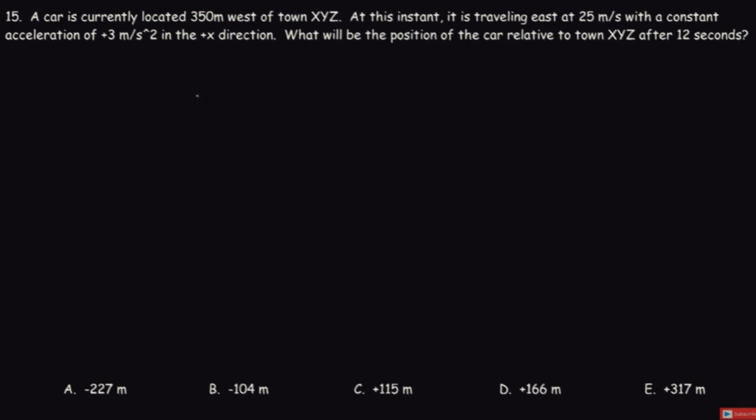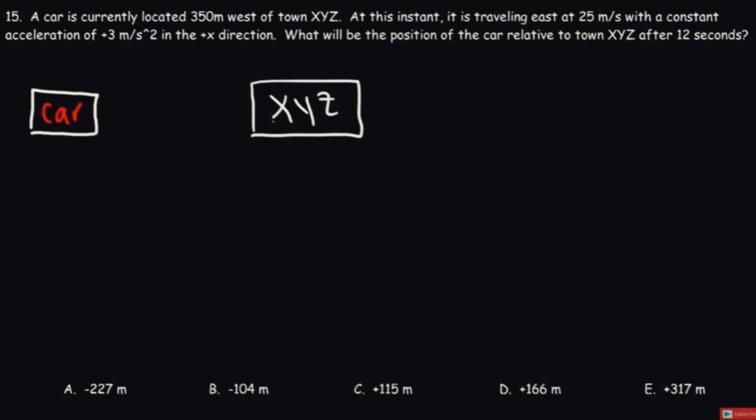So let's say this block represents the car, and let's say here is the town XYZ. So town XYZ on the x-axis will be position 0.